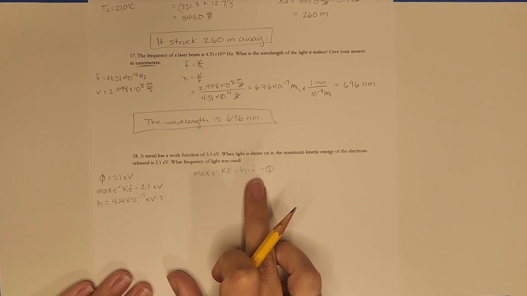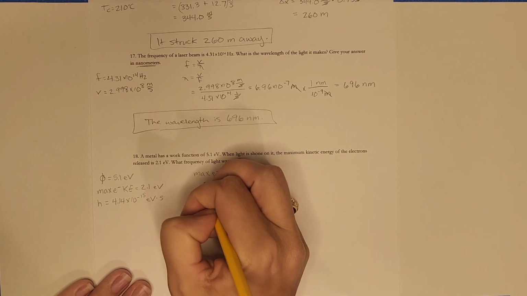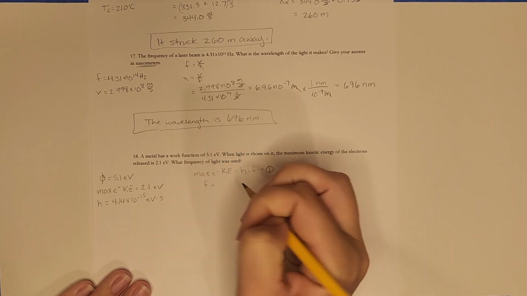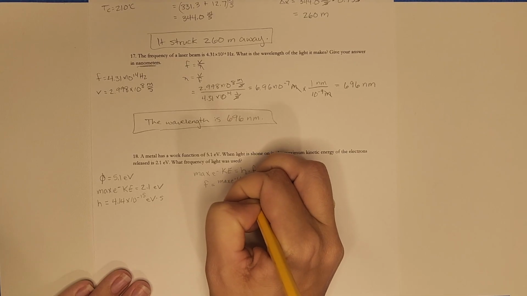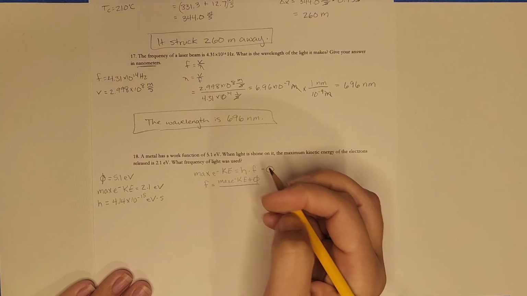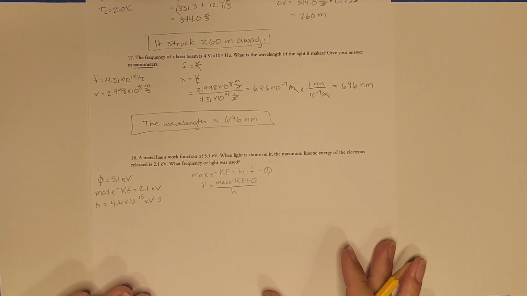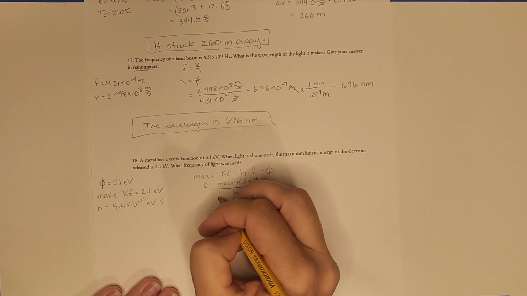So let's go ahead and solve for F here. And when we do that, we're going to get F equals the max electron kinetic energy plus our work function divided by Planck's constant. So now we can plug everything in.